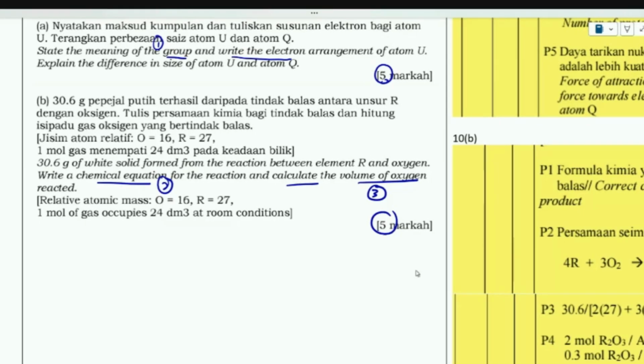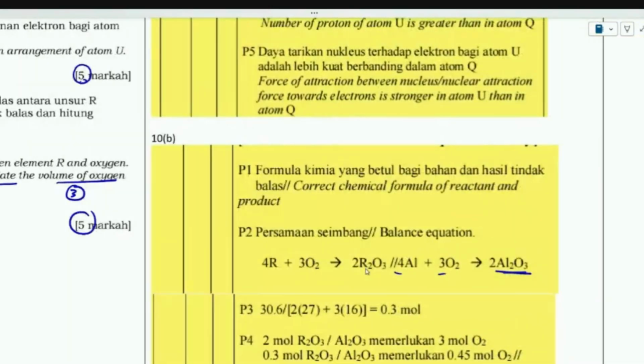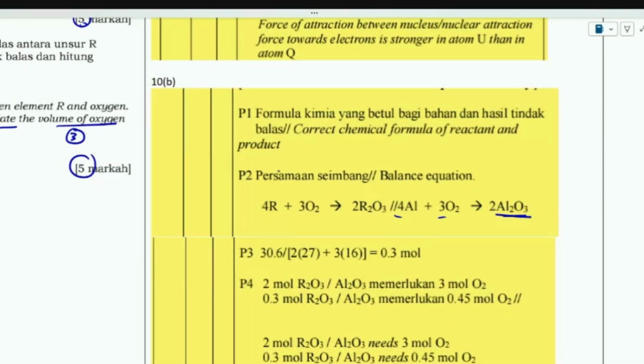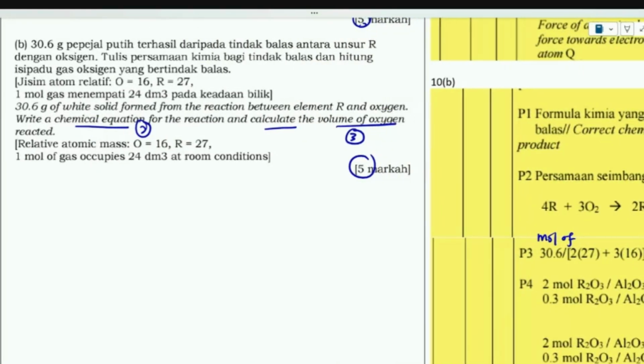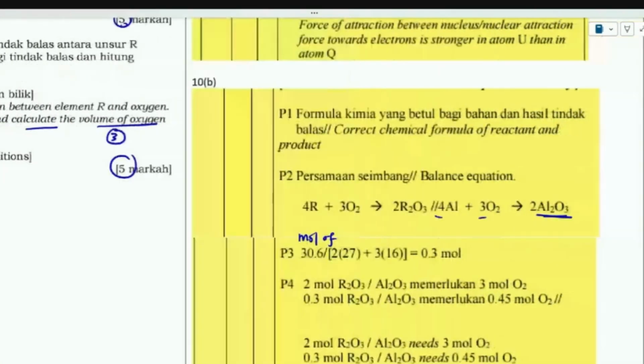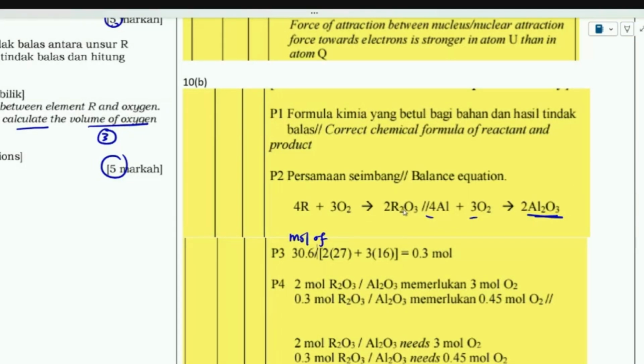Next, calculate the volume of gas reacted. Given to you is the white solid, 30.6 gram, so you find the mole. This one is R2O3.